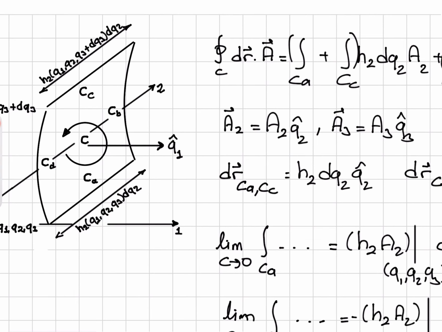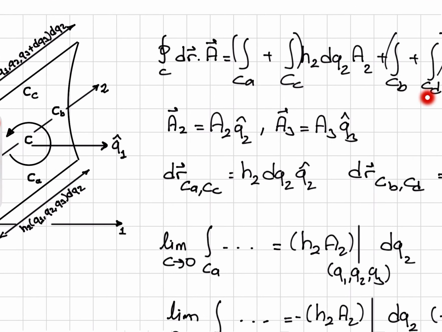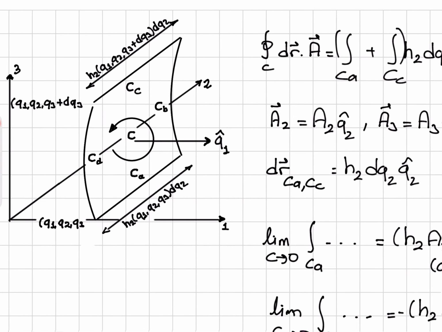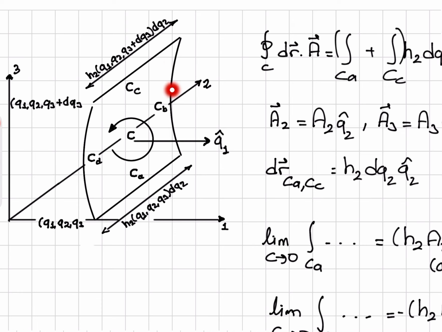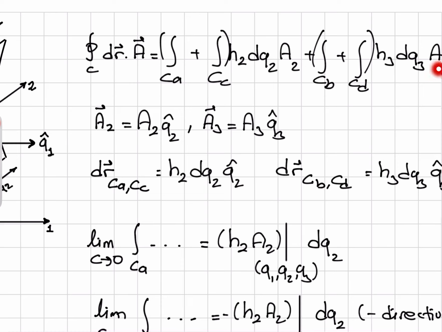If I'm moving on the B and D sides, then I would have an integral over CB and CD. Now I would be dealing with h3 dq3 because I'm moving on the third axis, and because it's a dot product, I'm dealing with the A3 component.